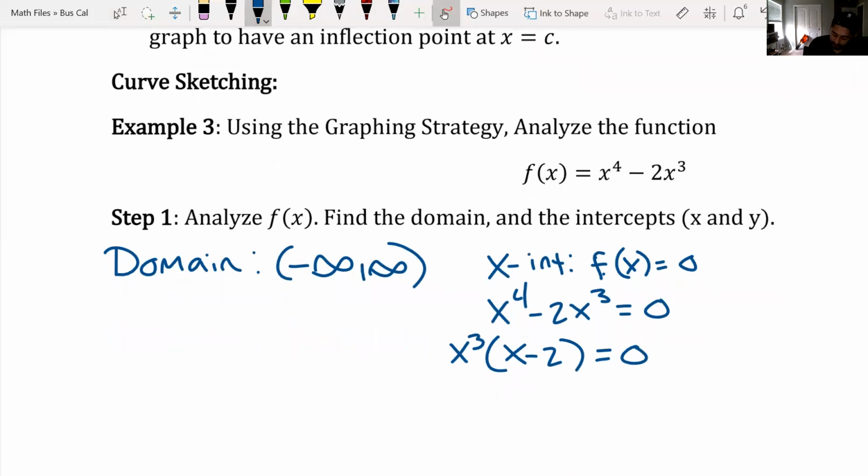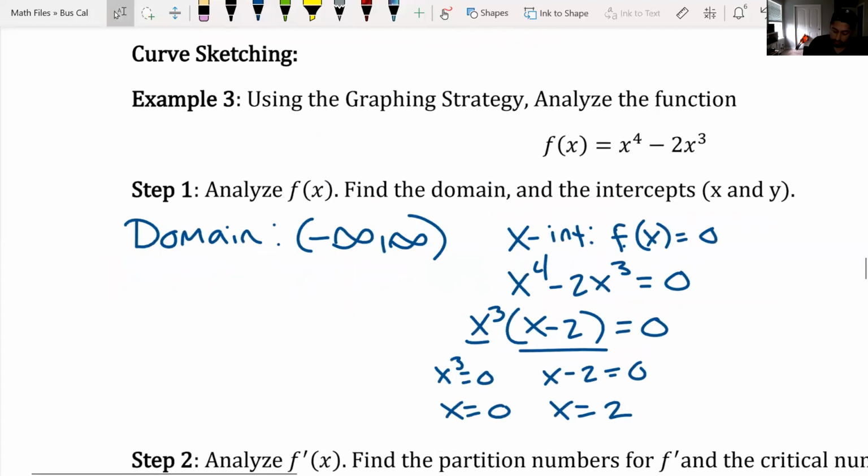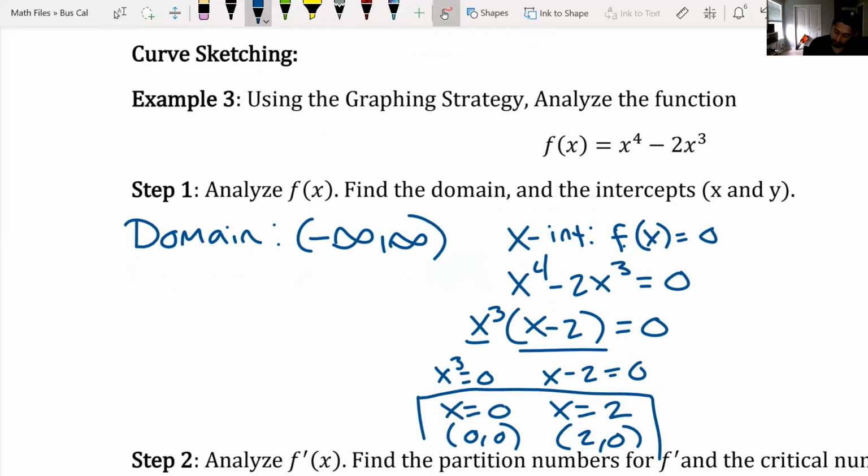Now, set these both equal to 0. x cubed equals 0, x minus 2 equals 0. This would just be x equals 0, and this would be x equals 2. Which means that my x-intercepts are (0, 0) and (2, 0). Those are the x-intercepts.